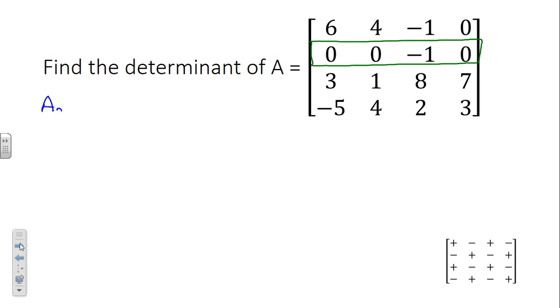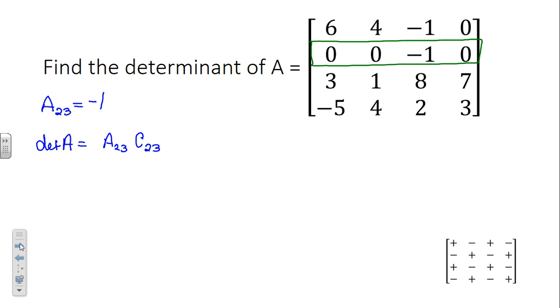So A23 is the guy we're working with. It has a value of -1. Okay, so to find the determinant of matrix A, we've got to take A23 times its cofactor, plus 0, plus 0, plus 0. And we're done. Make sense?